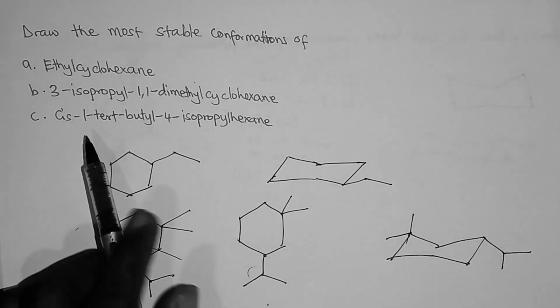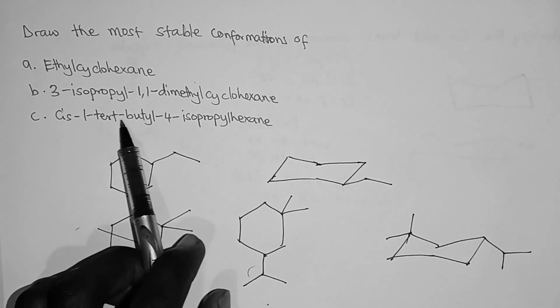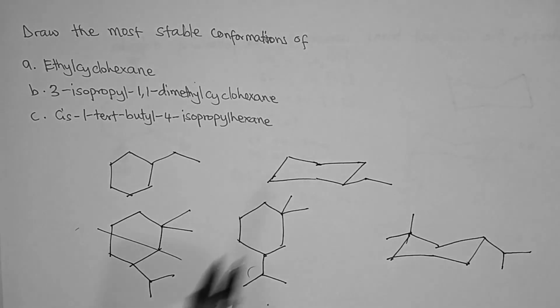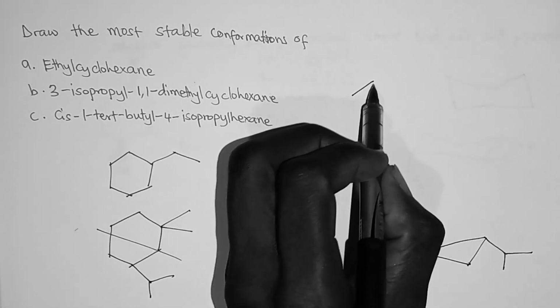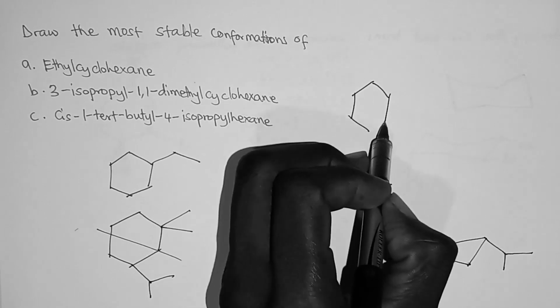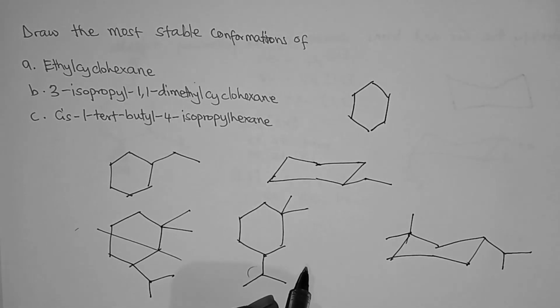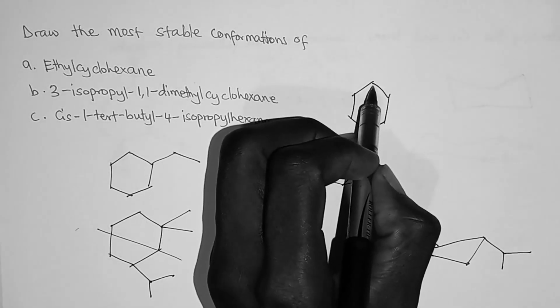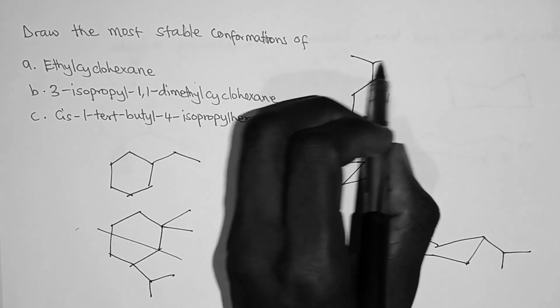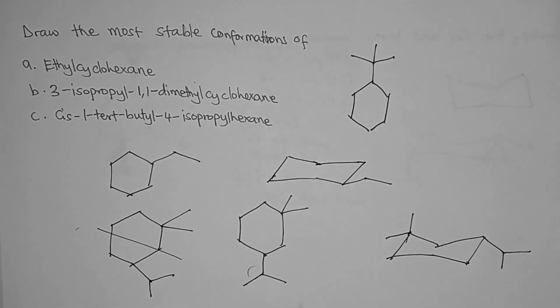Then the last one is cis-1-tert-butyl-4-isopropylcyclohexane. So let's draw the ring. And we are talking about a 1-tert-butyl. So we have a tert-butyl here. Then we are talking about a 4-isopropyl.